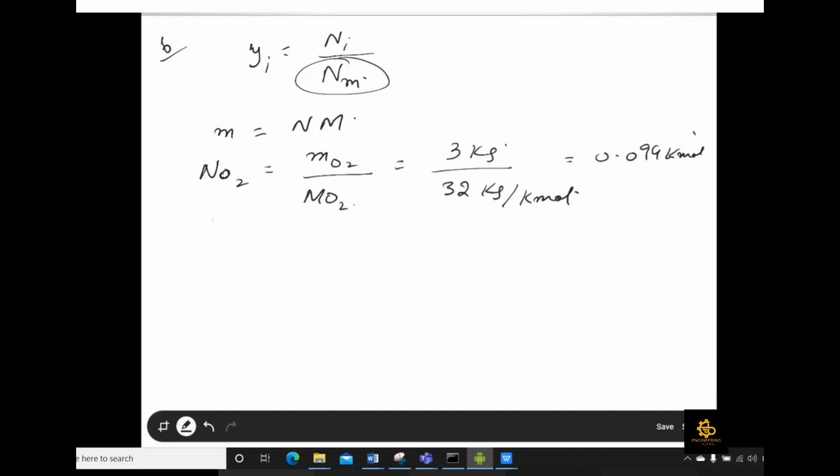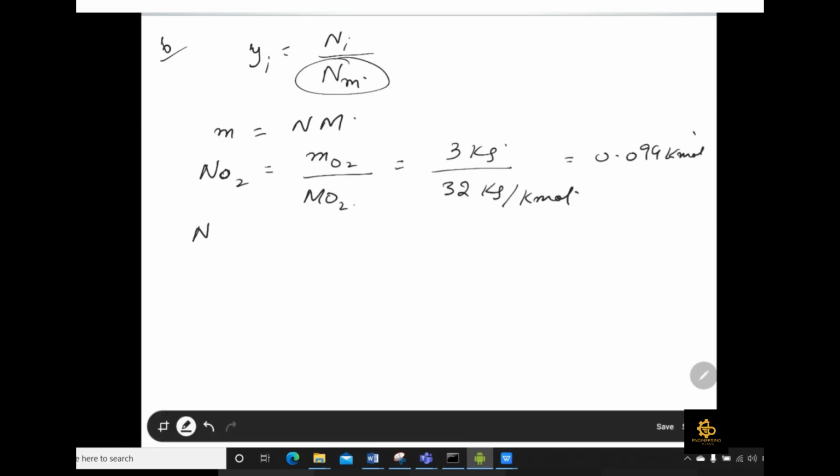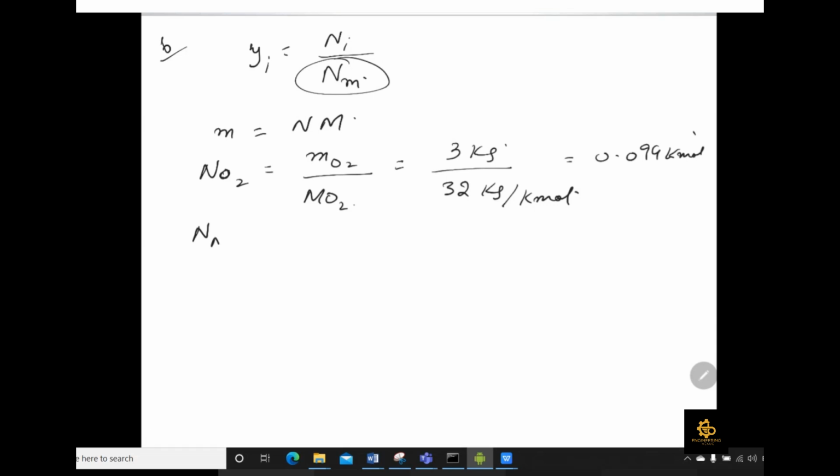Now a similar procedure we adopt for the second component, which is N2. The mole number of N2 is equal to mass of N2 over molar mass of N2.